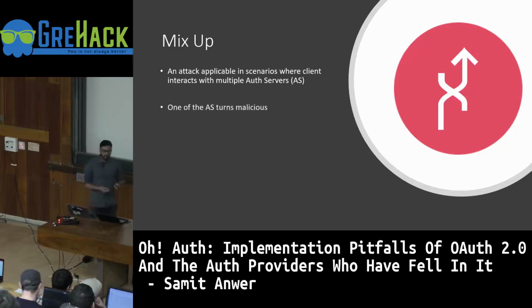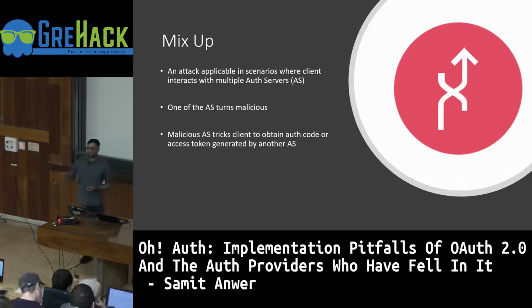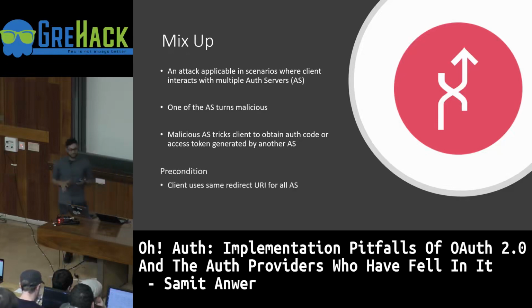And the intent of the malicious auth server is to get access tokens which are generated by the other legitimate auth servers which are not malicious. And the only precondition here is that the client has registered the same redirect URI for all its auth servers. So even for Google it has the same redirect URI, even for Facebook it has the same redirect URI. And that's what causes the attack.